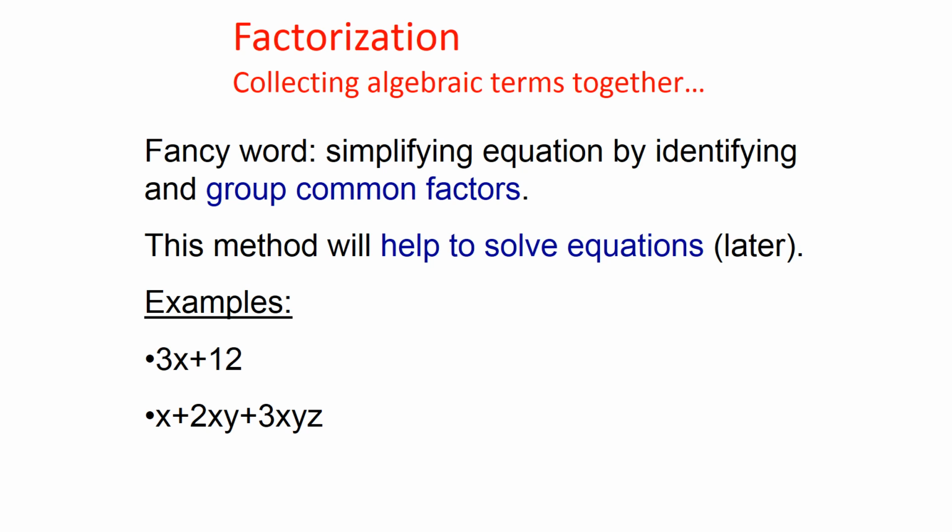In the one below here we've got x plus 2xy plus 3xyz. If this was an equation that calculated the density of the continental crust or the concentration of some kind of spawning algae in a stream, or something abstract, you can see that x is a factor of itself, so x times 1 is x. x is also in this and in that, so we could rewrite it.